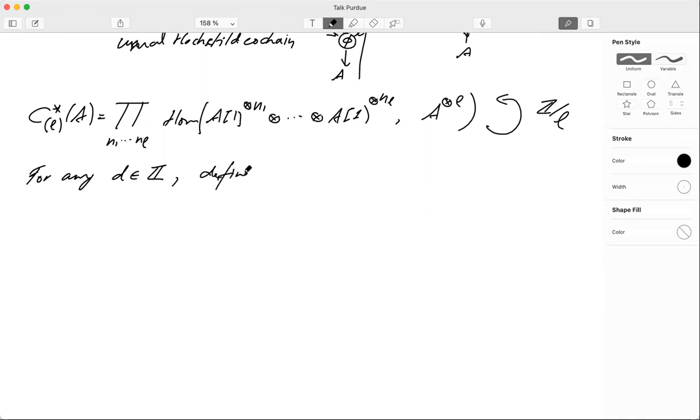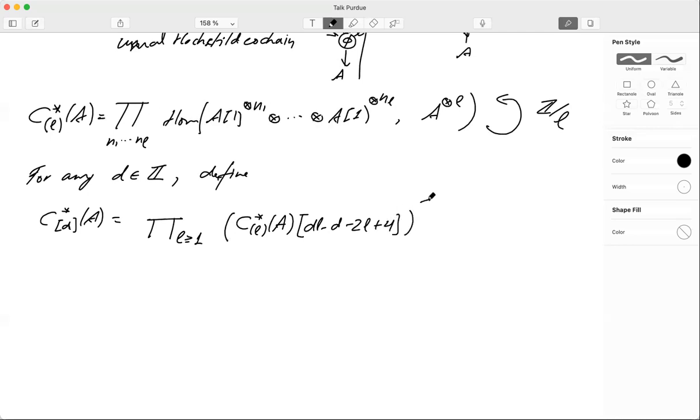So define C, square brackets D, of A to be, sorry, just the product over all L greater or equal to 1 of this thing, the C_L of A, but with some appropriate shift, D minus 2L plus 4, invariant under this Z mod L action.